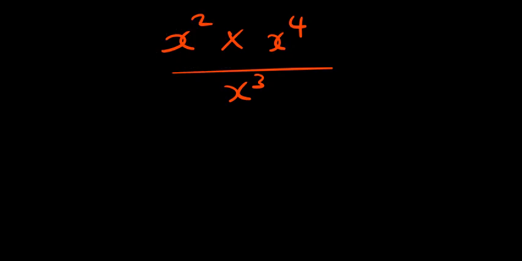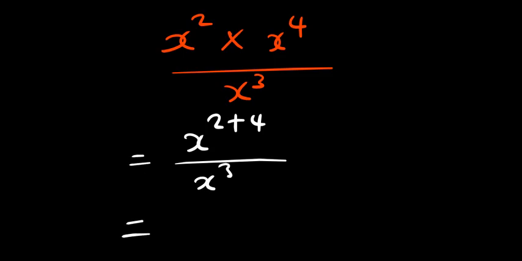The same rule applies when you are multiplying and you have the same bases. What do you do to the powers? You add them, right? So we're going to have x to the power 2 plus 4 on top over x to the power 3. Then we solve 2 plus 4, that is a 6, right? Divided by x to the power 3.